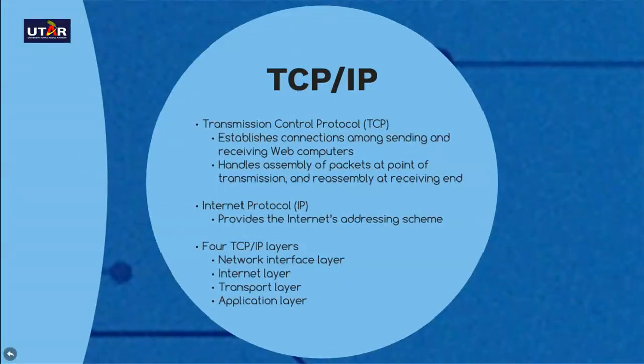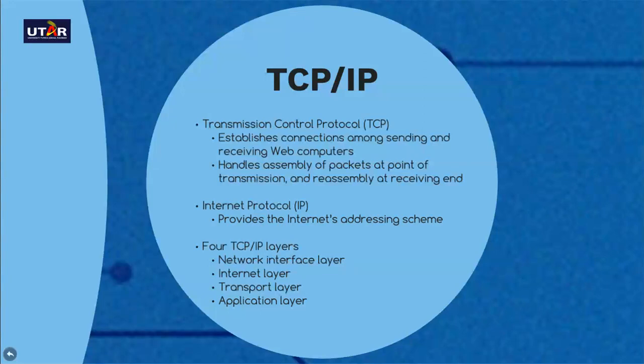The second important component of the internet from a technological point of view is TCP/IP. TCP, named Transmission Control Protocol, is used to establish connections between sending and receiving web computers.